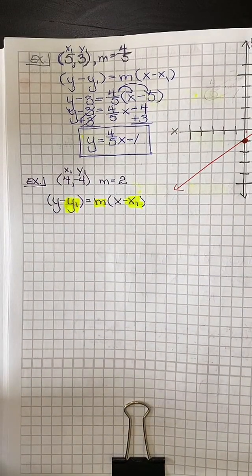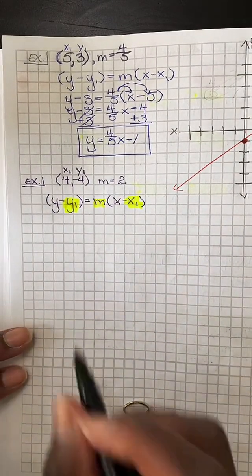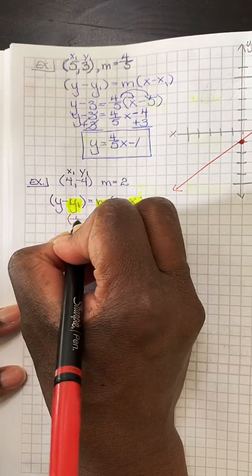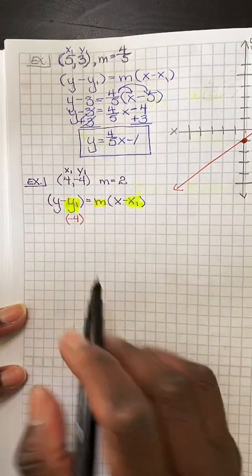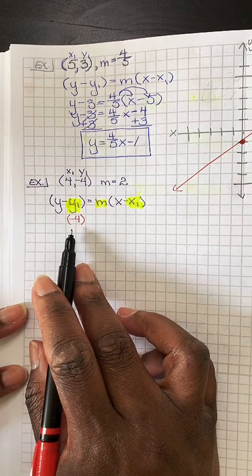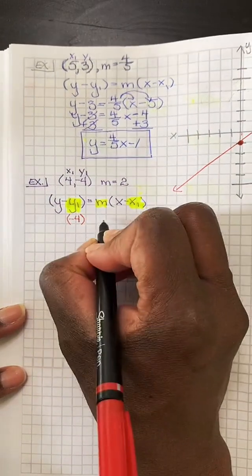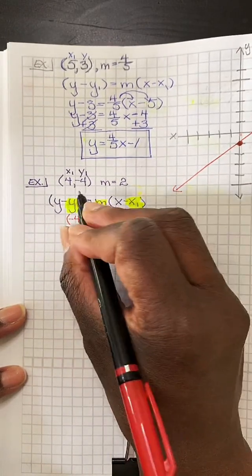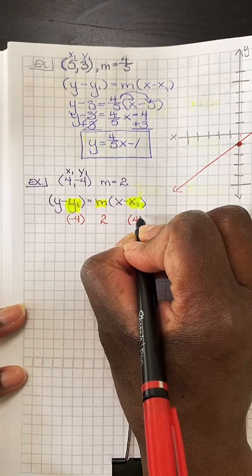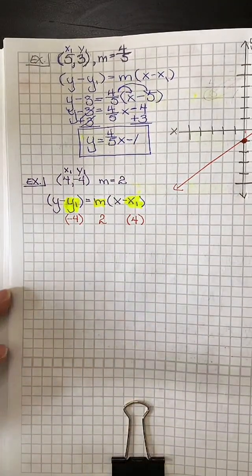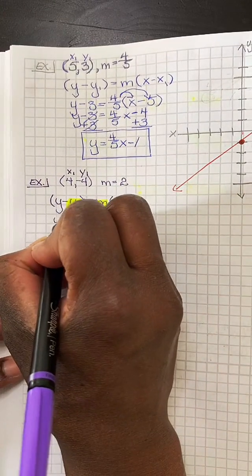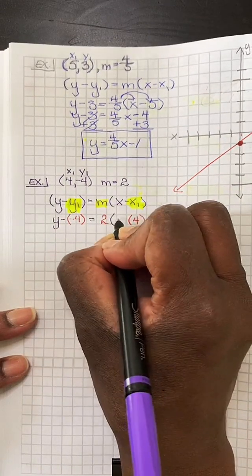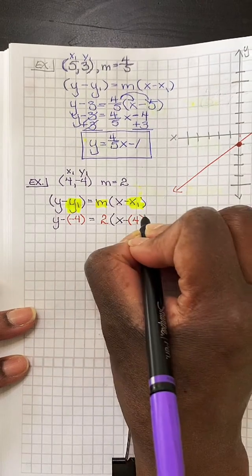All right, so we're just plugging that information in. My y1 is a -4, and every time I'm substituting a -4, I love putting parentheses around it. My m is 2, and my x sub 1, that's going to be a positive 4. Everything else comes down. So I got my y minus, I have my equals, I have a parenthesis, and x minus.